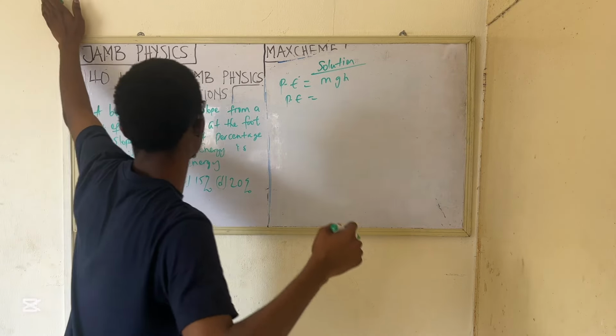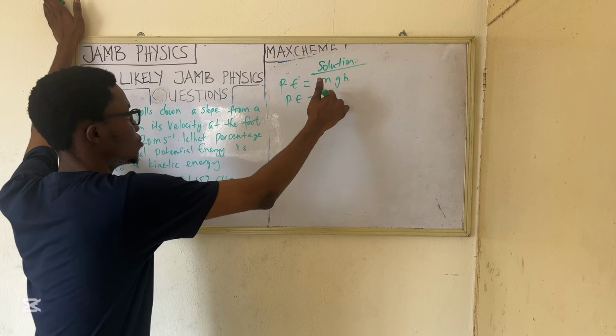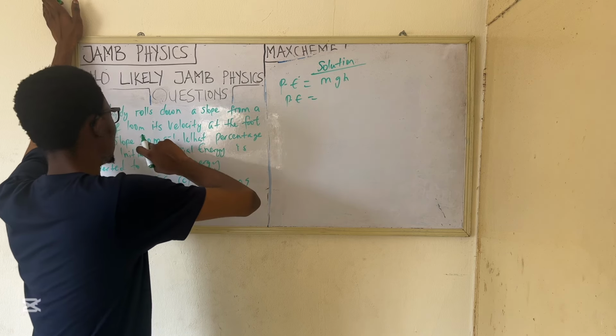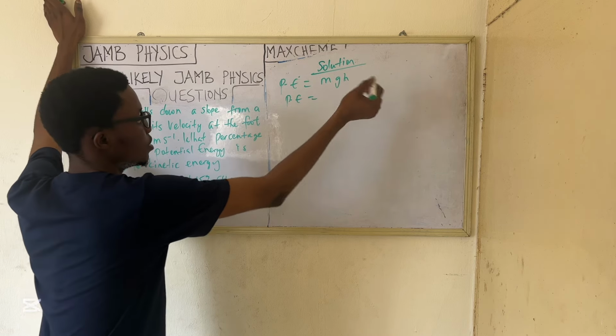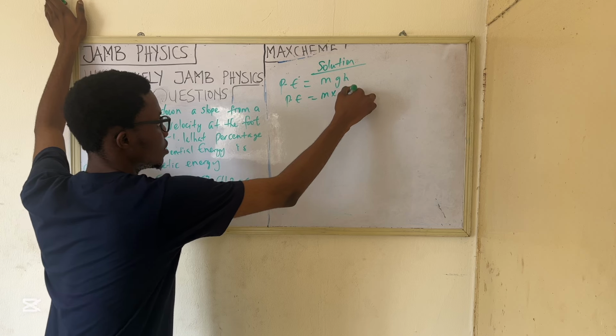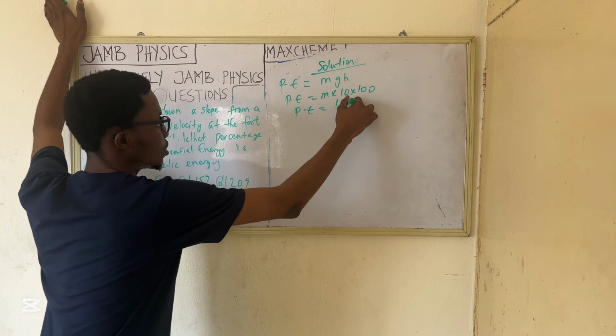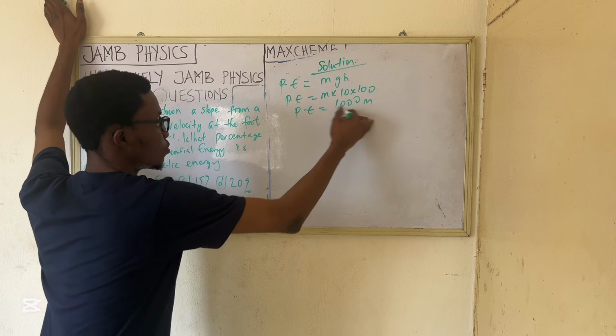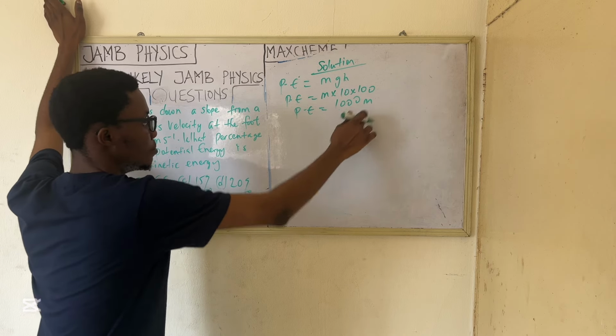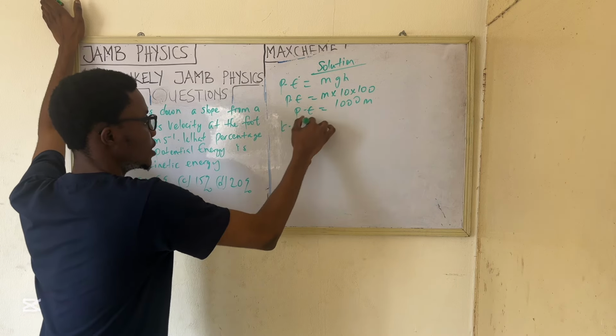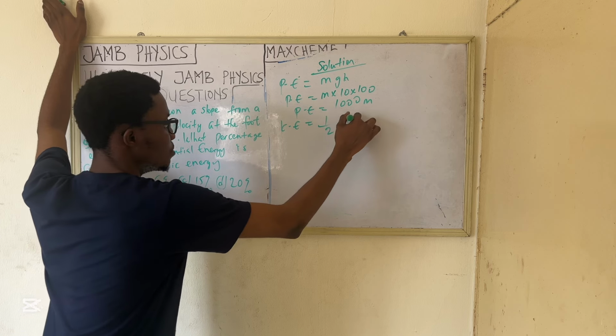Let's just say we don't have the mass, and we have gravity as 10, and the height as 100. So we can input that here. So that's 1000 m, in terms of mass.